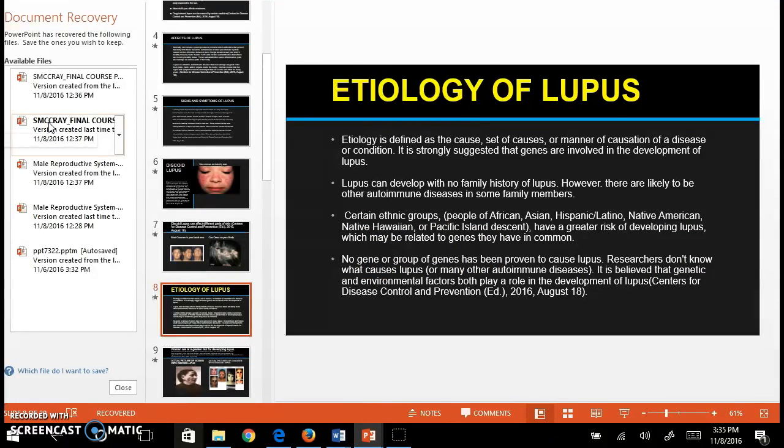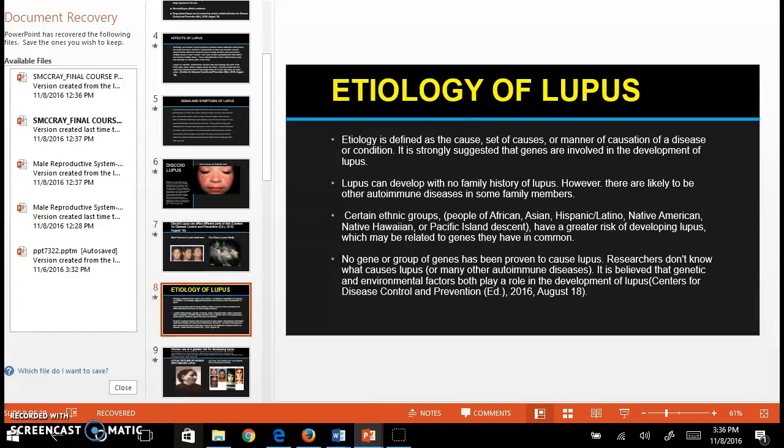Etiology is defined as the cause or manner of causation of a disease or condition. It is strongly suggested that genes are involved in the development of lupus. Lupus can develop with no family history of lupus. However, there are likely to be other autoimmune diseases in some family members.